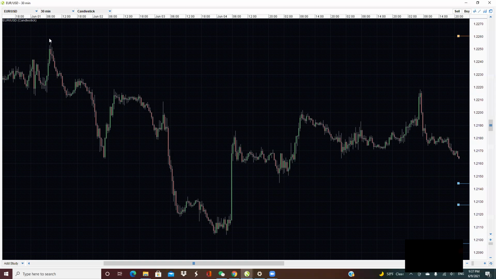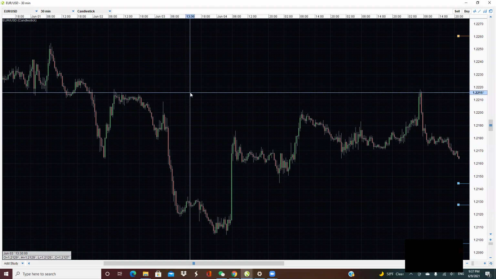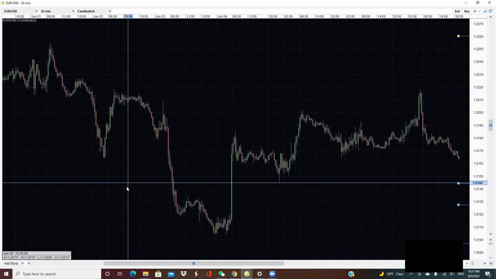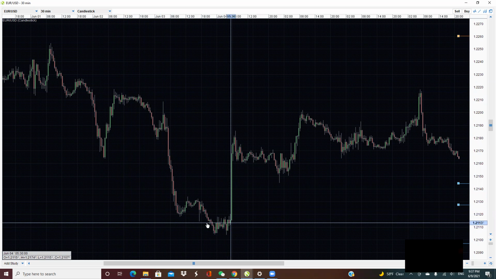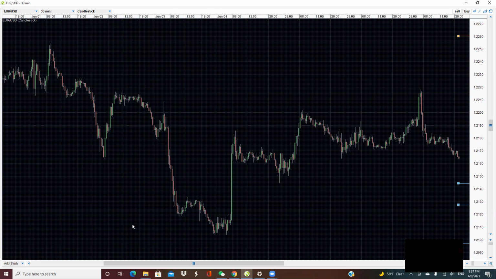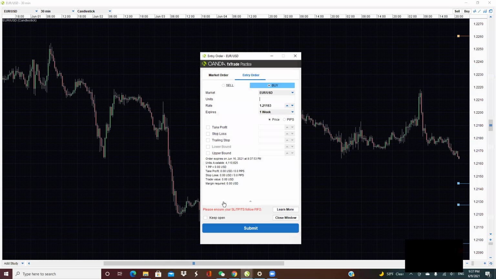So if you want to do a take profit, for example, if we open the position right here, always make sure that the pips is more than 10, because I know this brokerage has some slippage.